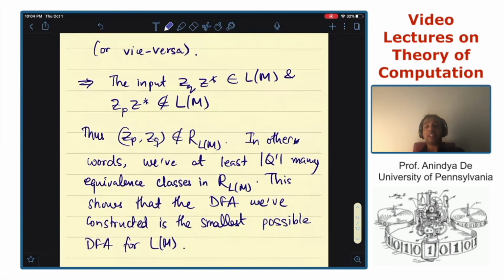In the previous lecture, we had seen that any DFA computing L of M must have at least as many states as the number of equivalence classes in R_{L_M}. So this shows that the DFA we have constructed has precisely the smallest number of states that any DFA computing L of M can have.